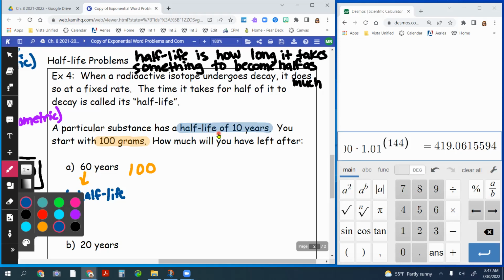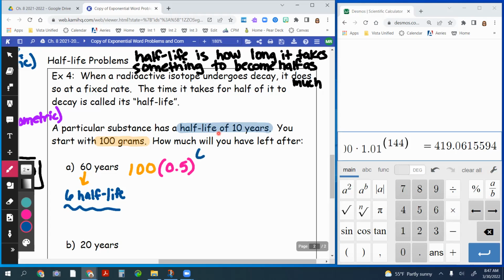So in this situation, when you're dealing with a half-life, your multiplier is always 1/2, or I'm going to write it as 0.5. And then in this case, since we've had 6 half-lives, I'm going to raise it to the power 6. Not 60, because every 10 years you take half.